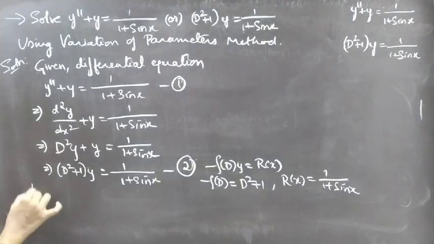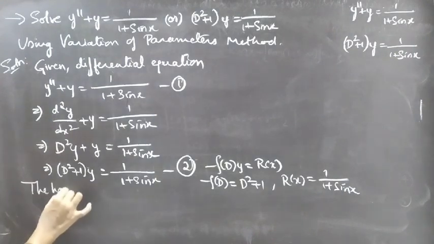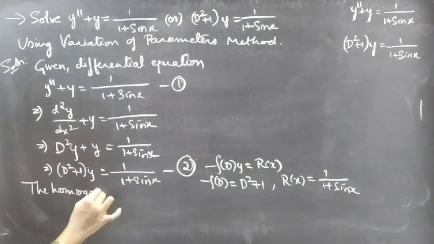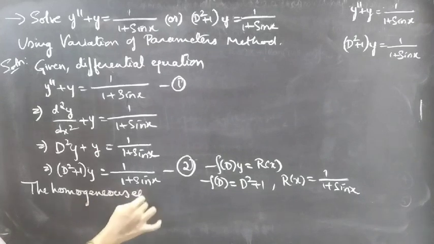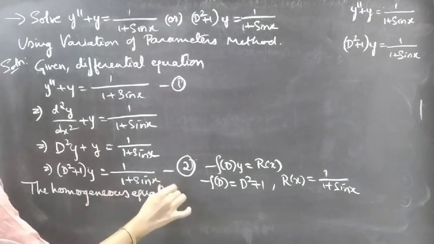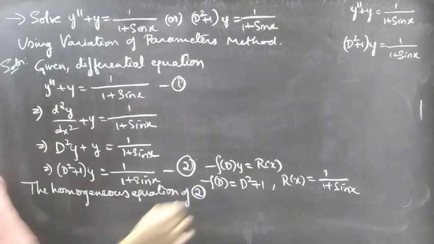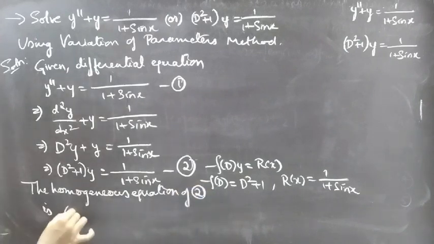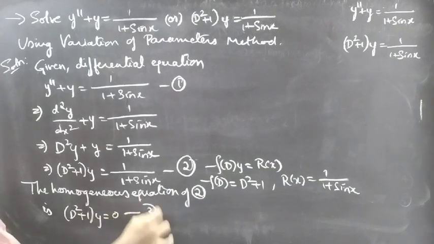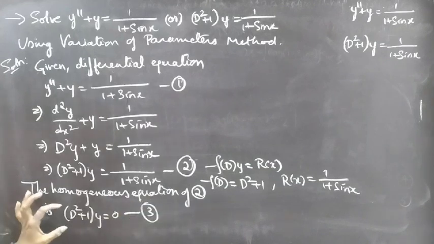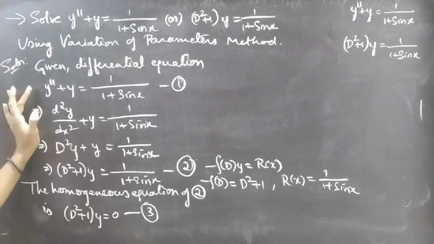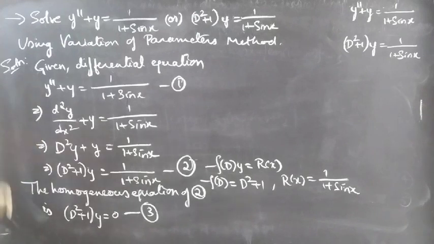The homogeneous equation of 2 is (D square plus 1) y equal to 0. Consider it as equation number 3. Now we'll find the solution of equation 3 using the auxiliary equation, and later, using the solution of the homogeneous equation, we'll find the general solution of equation 1 and equation 2.